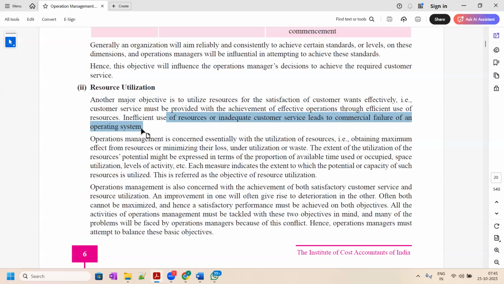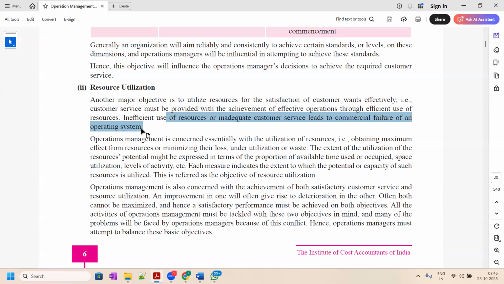Okay, how do we measure resource utilization? It is all about checking how much of the available time, space, or capacity is being used. For example, if you are measuring machine usage, or calculating labor hours or space utilization, you have to make sure there is a balance between customer satisfaction and the efficient utilization of resources.